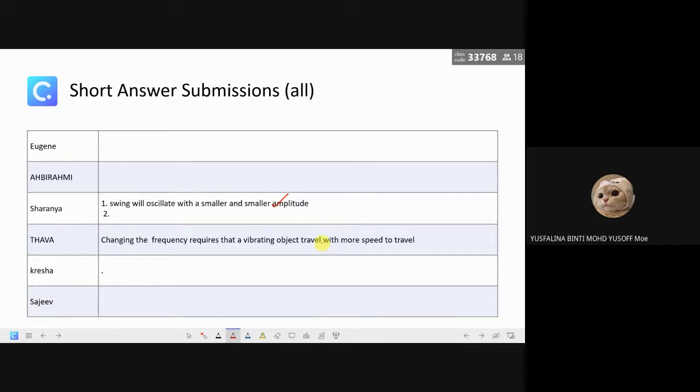Another answer says changing the frequency requires the vibrating object to travel with more speed. I'm not sure what this means.